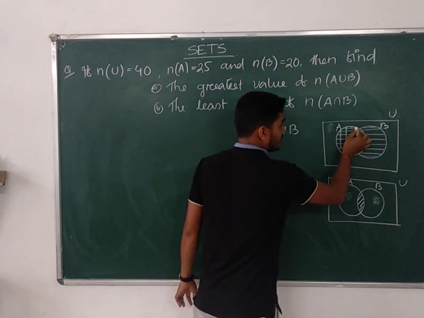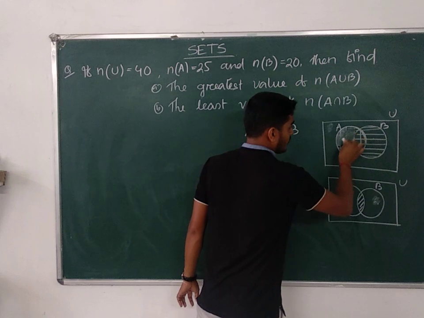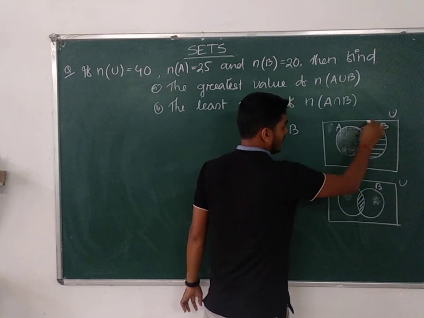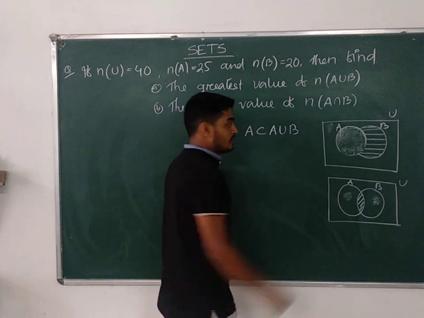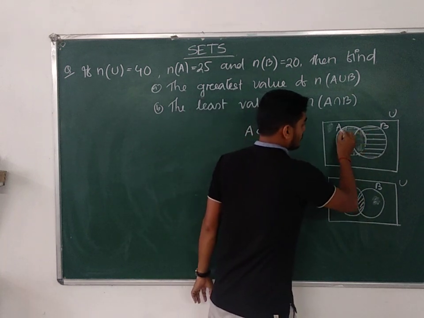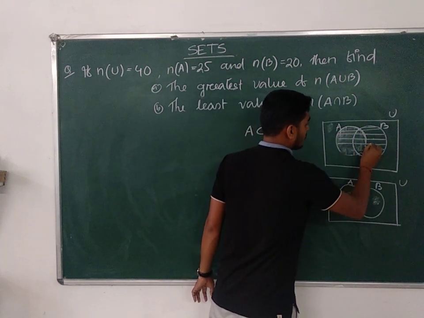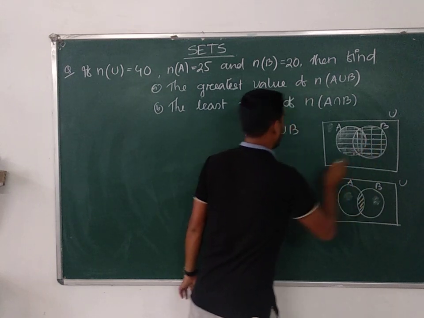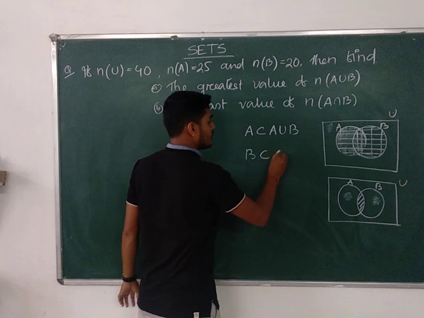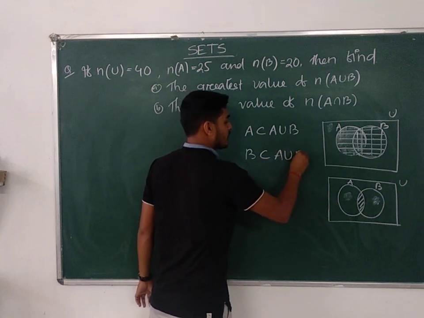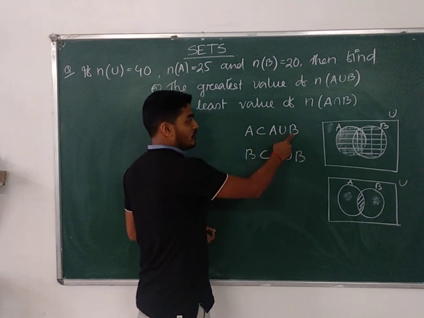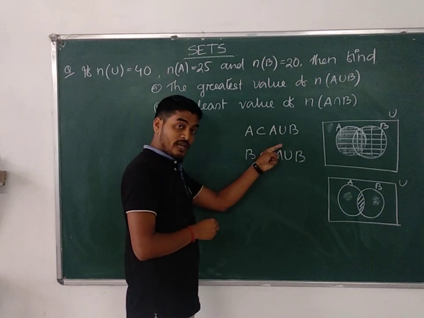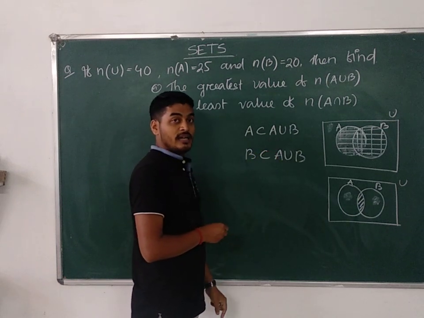Because all the elements of A are there in A union B. Similarly, all the elements of B are in A union B. B is also a subset of A union B. That means in case of A union B, both the sets are subsets of it. A is a subset of A union B, B is also a subset of A union B.